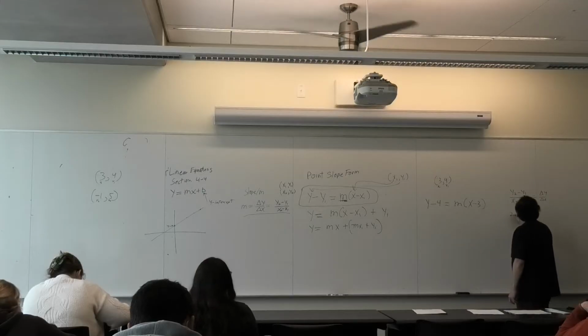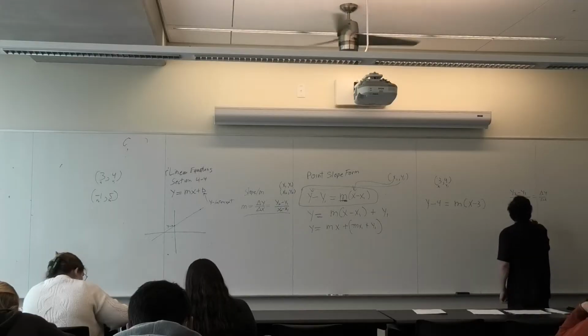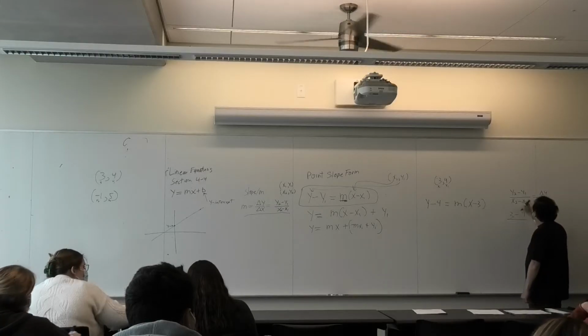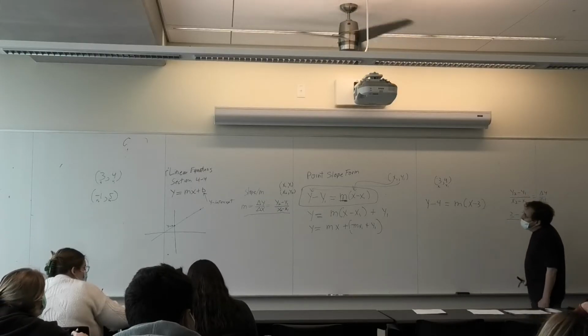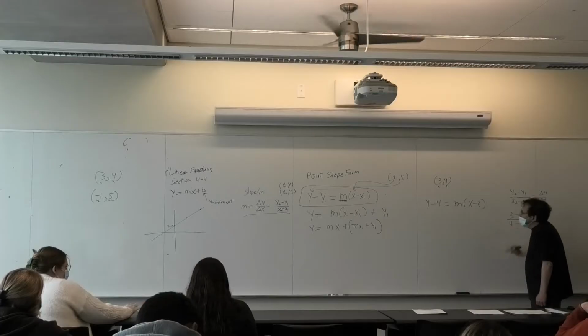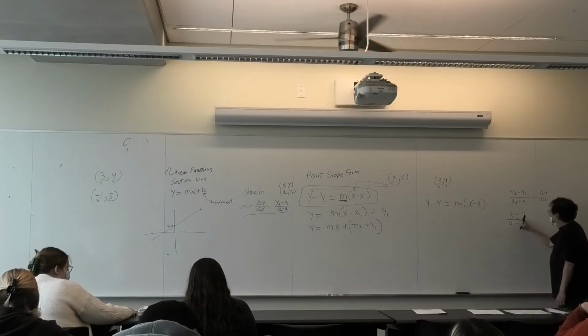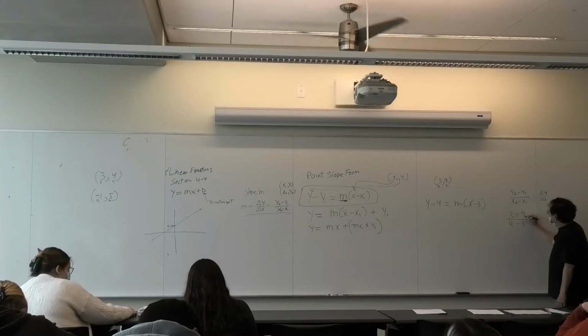So I get 3 minus 1, my y2 over y1, and then 4 minus, what was the other number? 5. Okay, a minus is a plus.